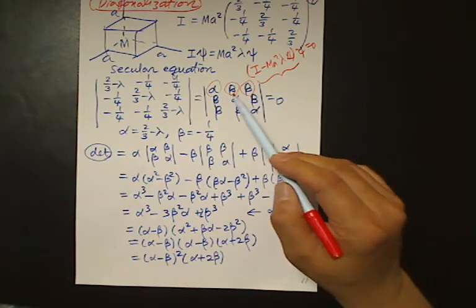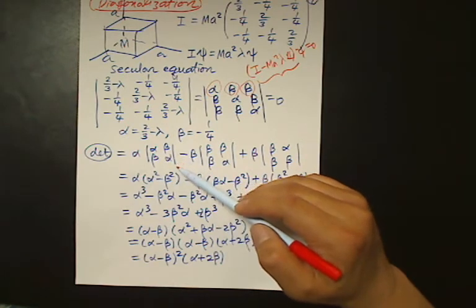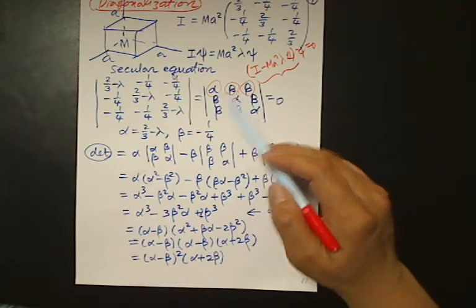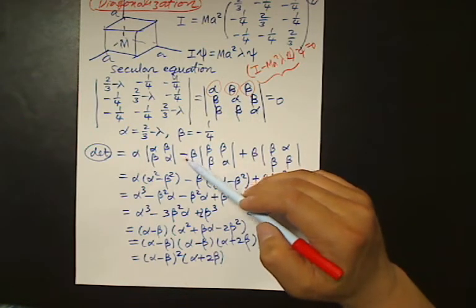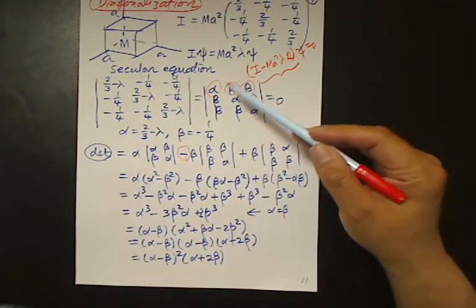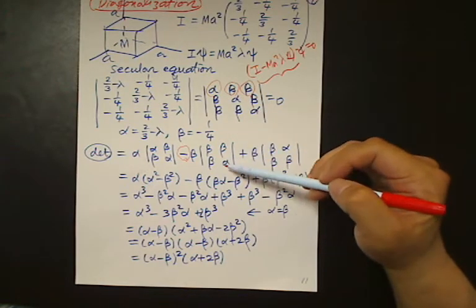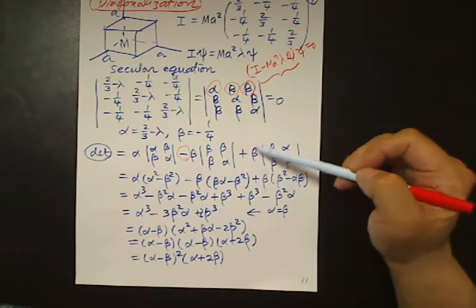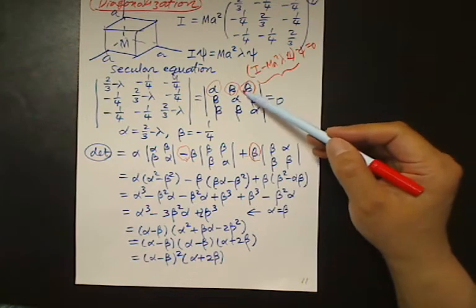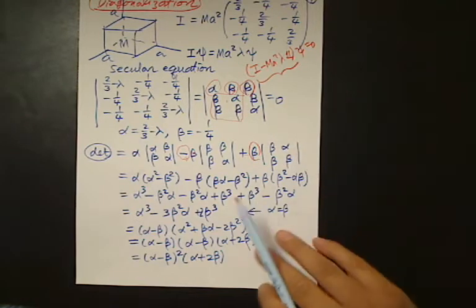The remaining piece will be this 2x2 matrix. Copy this 2x2 matrix and find its determinant. The second one is beta, and we have even, odd, even, so minus beta. The permutation sign minus appears here, and remove the row and column passing through this element. Then we have beta beta and beta alpha. The third piece is beta, and we have even, odd, even, so we have plus beta, and the remaining 2x2 matrix will be like that: beta beta, alpha beta.